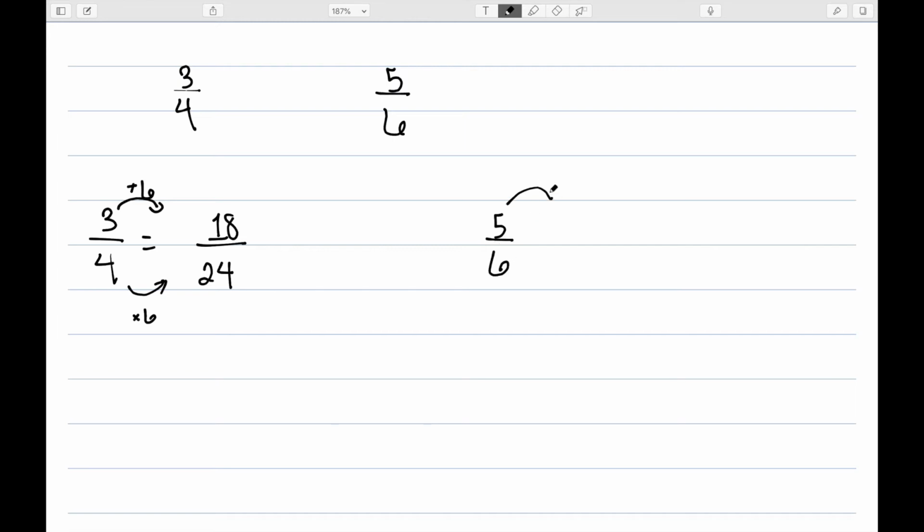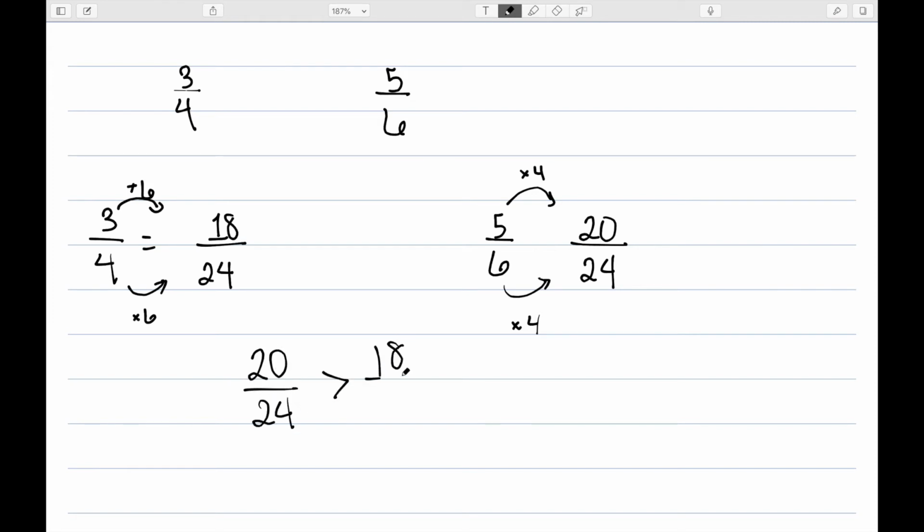For 5/6, we want to multiply by 4 since 4 is the denominator of the other fraction. 5 times 4 is 20. 6 times 4 is 24. So we can see that 20/24 is greater than 18/24. So the 5/6 is the greater of these two. So 5/6 is greater than 3/4.